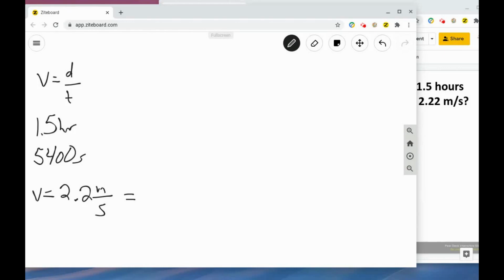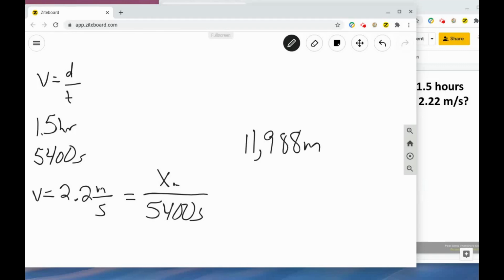If our V is 2.2 meters per second, we want to use the 5,400 seconds, and then our distance that we're looking for will be in meters. So if we take 2.2 times the 5,400, we end up with 11,988 meters for our answer.